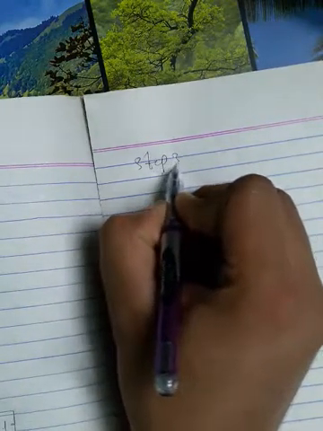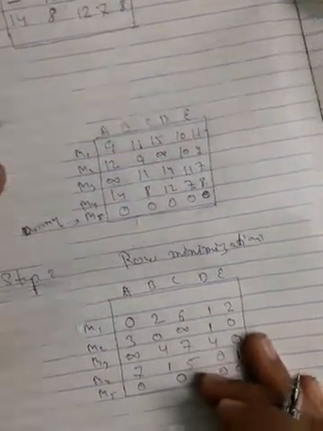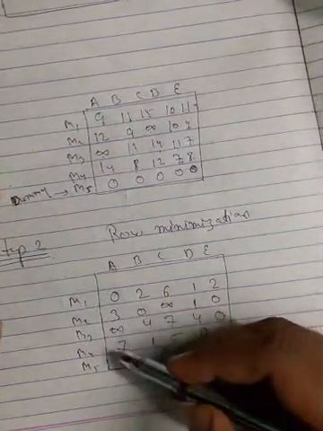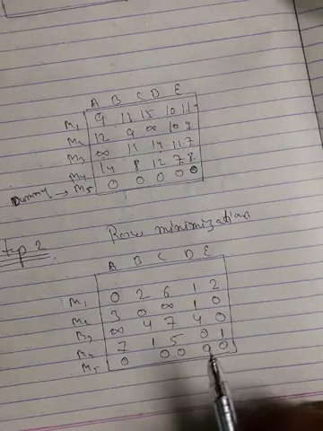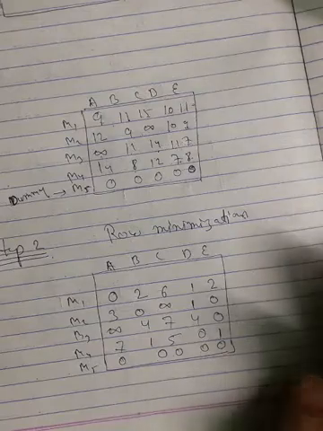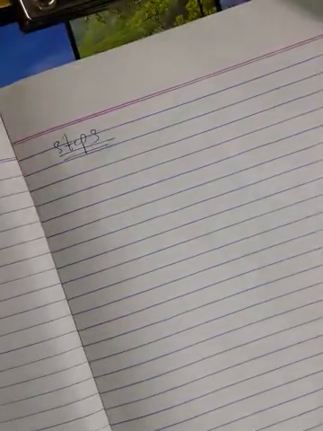Now step 3, that is our column minimization. In column minimization, you will see that in each column of step 2 the minimum value is 0, so column minimization makes no change. So write the matrix as it is in step 3.